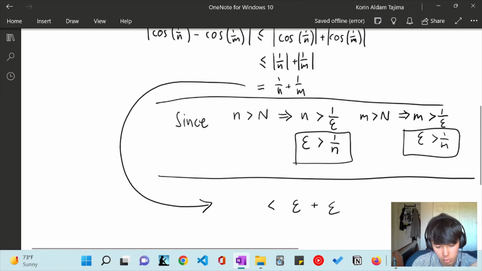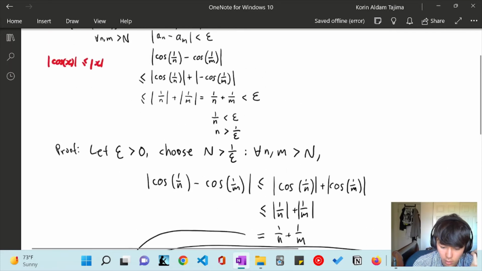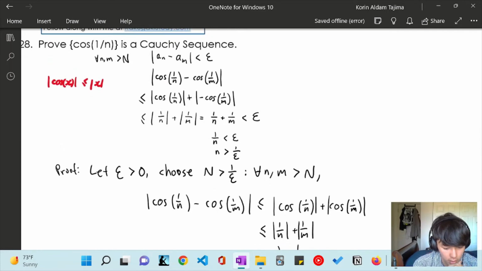Well, technically this proves it because epsilon is any real number greater than 0, but we can make it nicer and up here change that to epsilon over 2, and then we get 2 on epsilon.